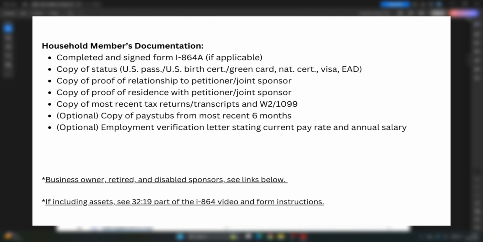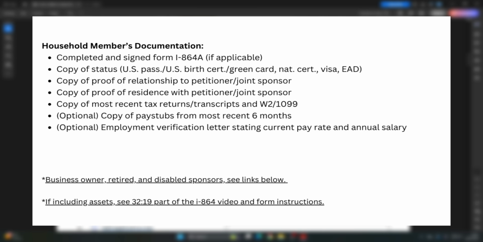If you are the household member that files taxes jointly with the actual sponsor, then you do not have to repeat the tax returns again, as they have already been attached to the sponsor's affidavit of support. But if you're the kind of household member that files taxes jointly with your spouse, but you're not the sponsor's spouse, then in addition to your tax returns, you will also need to provide your W-2s or 1099s showing which portion of that tax return income is actually yours.